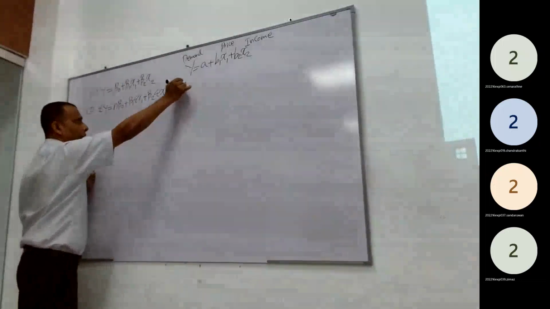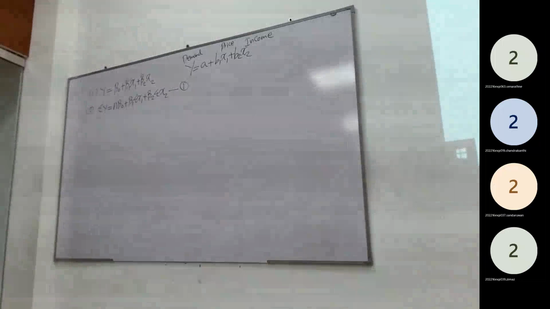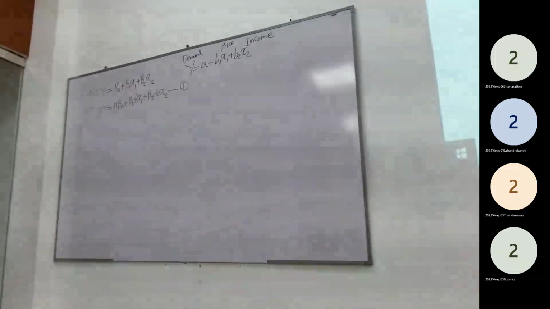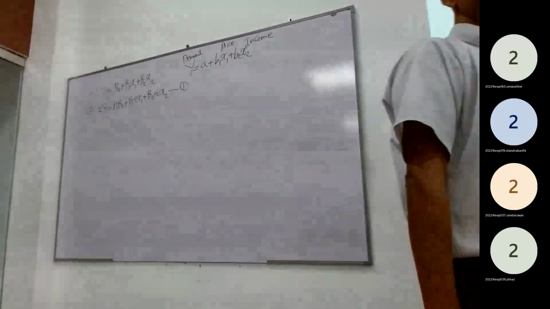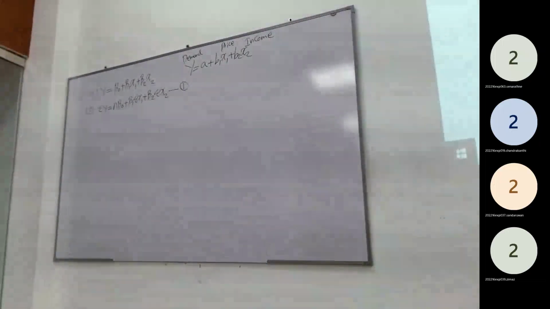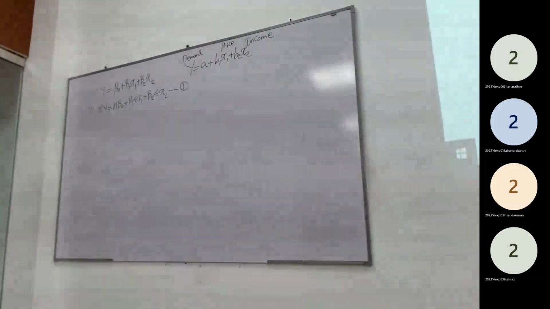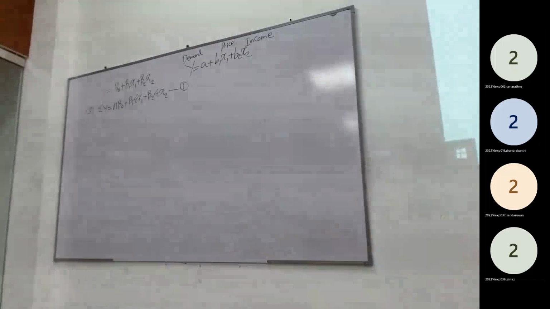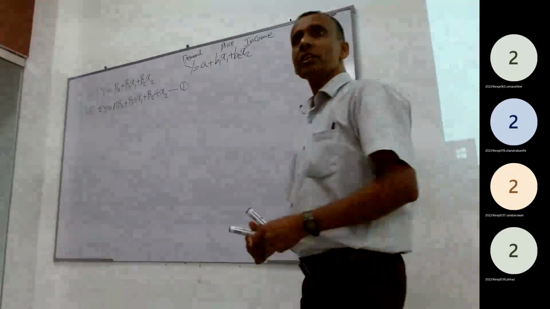That is normal equation 1. Initially, you apply sigma. Then I multiply by x1 and apply sigma.